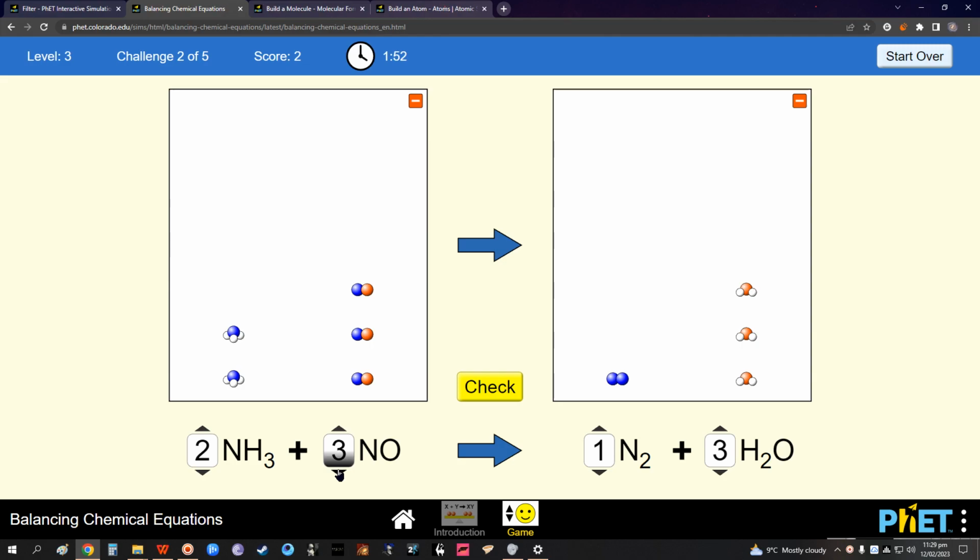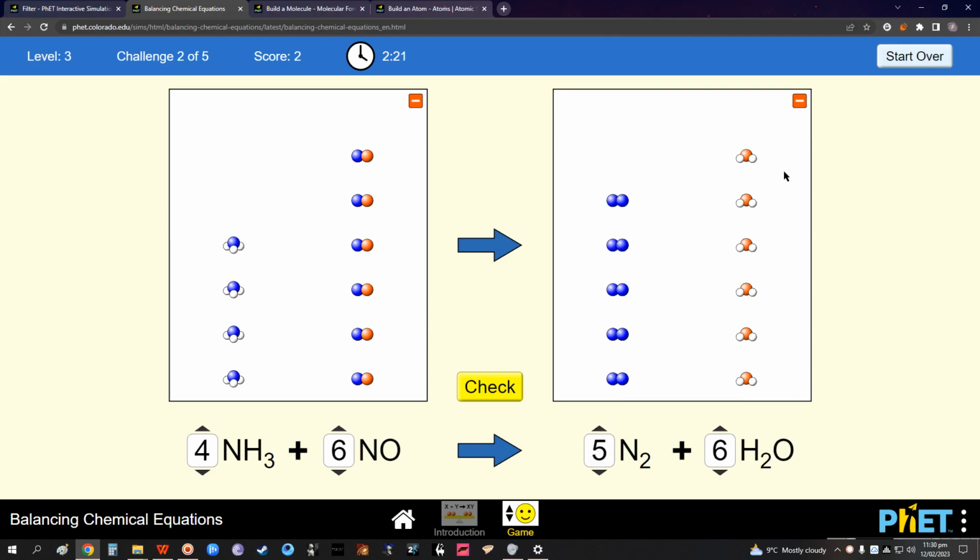Okay, nitrogen. How many nitrogen? 1, 2, 3, 4, 5, 6, 7, 8, 9, 10. So we're going to go to 5 of this.